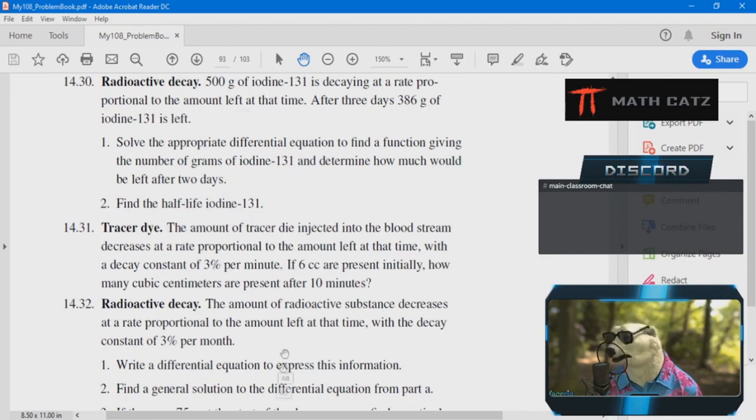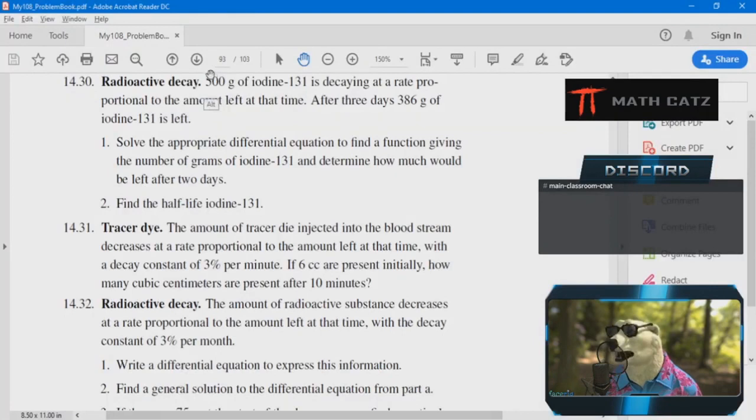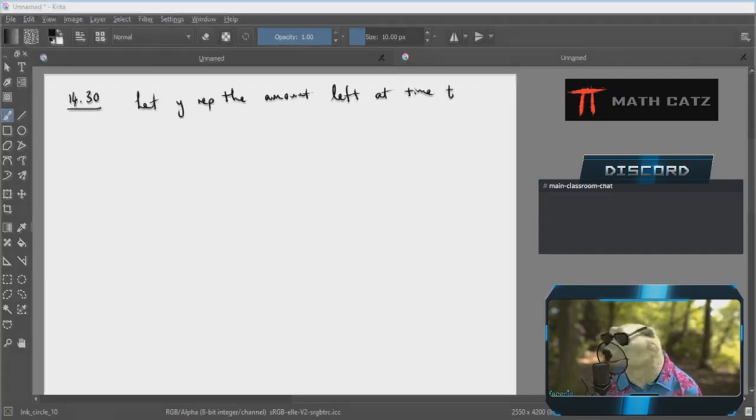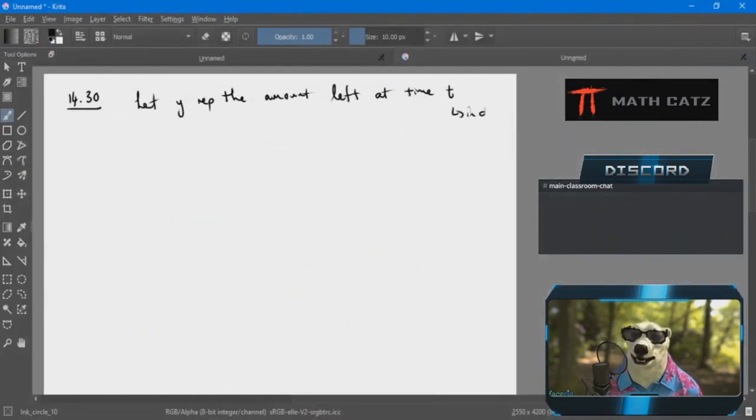Well, one thing at a time. We have to define our variables first. Let y represent the amount of iodine 131. We don't have to be too detailed in our sentence. The amount left at time t, and it seems like time is in days this time.